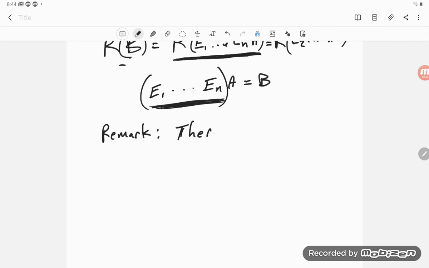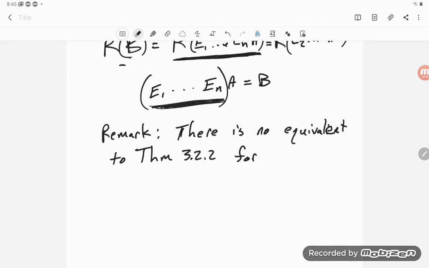There is no equivalent theorem to Theorem 3.22 for column space.